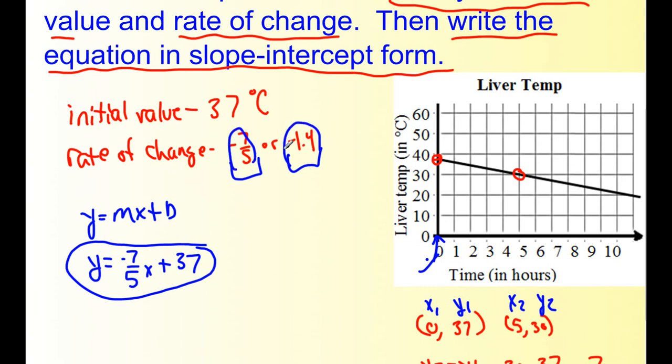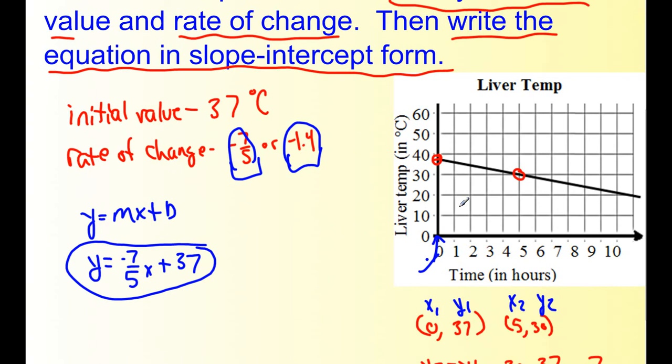Every hour after this start of 37 degrees, it's going down by 1.4. The next hour, it's down another 1.4, down another 1.4, down another 1.4. So that rate of change would be how much the body, the liver temperature, cools down with respect to time.